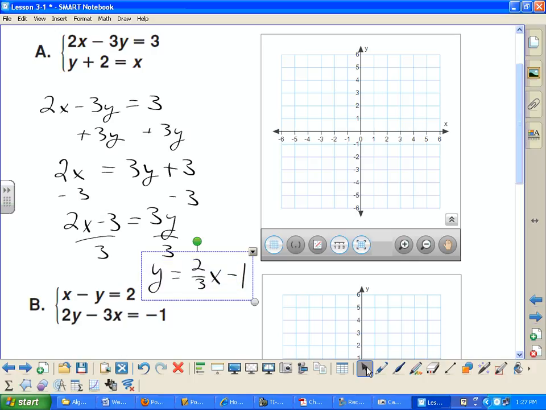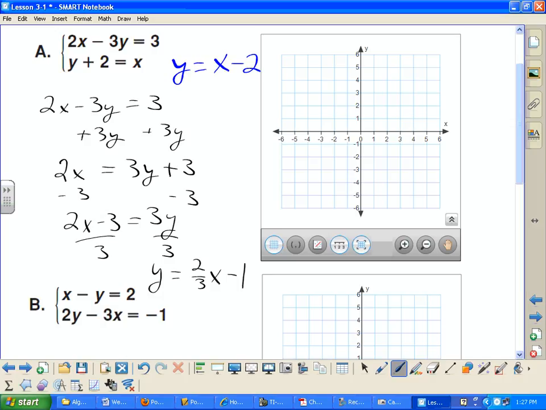Now let's do the other one. The other one we're going to subtract 2, so we get y equals x minus 2.